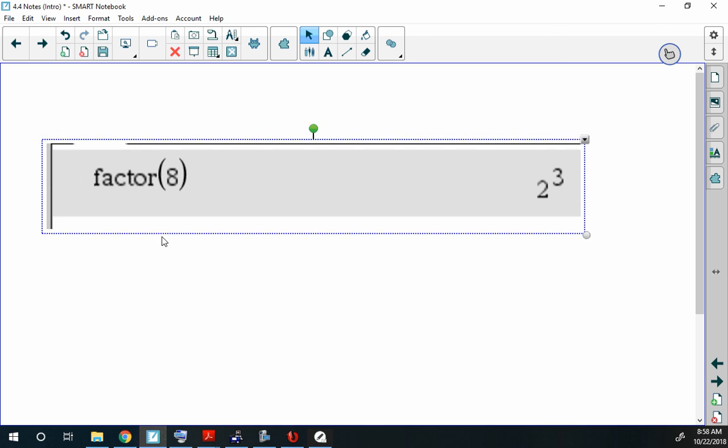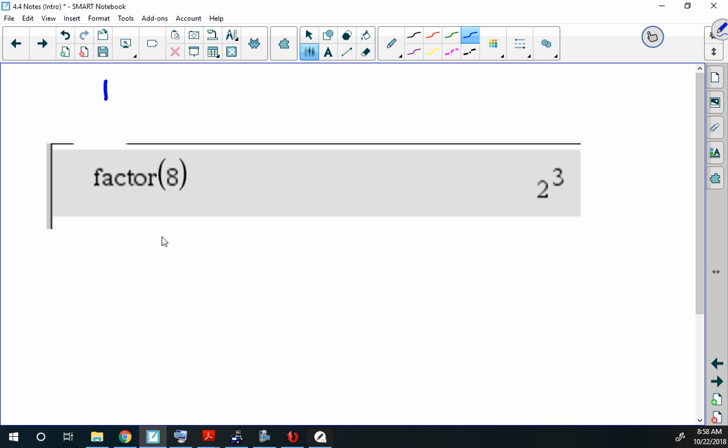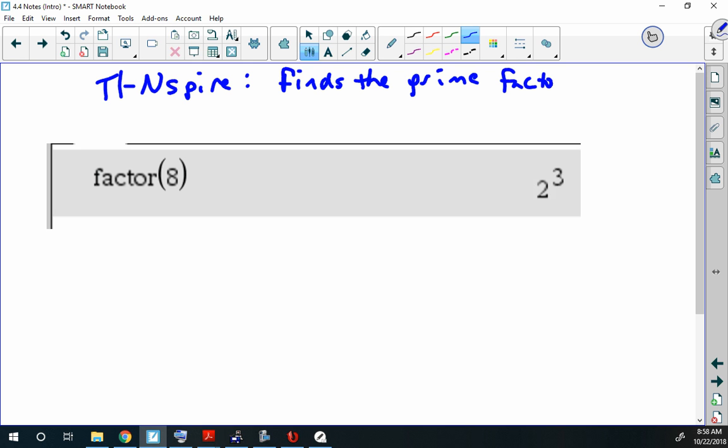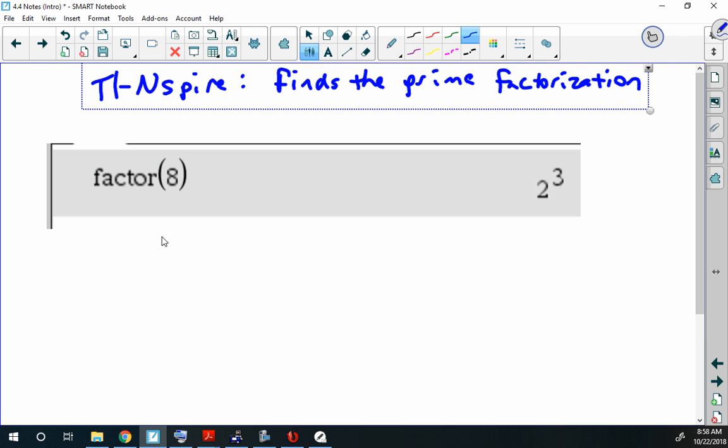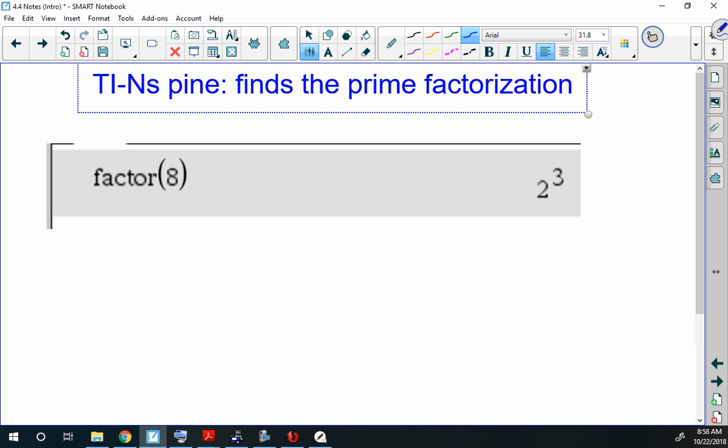So what the TI Inspire does then, the TI Inspire finds the prime factorization.